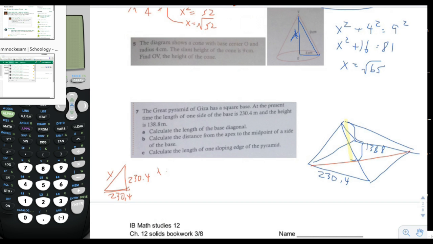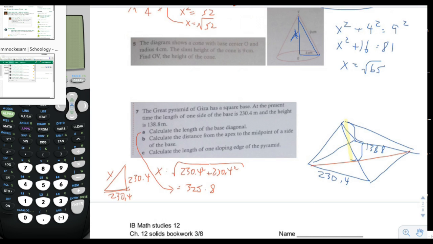So x equals the square root of 230.4 squared plus 230.4 squared. 230.4 squared is about 53,084. And we have two of those, so I multiply times 2. And I get a huge number, and I take the square root, and it gives me 325.8. Okay, so that's the answer to A.